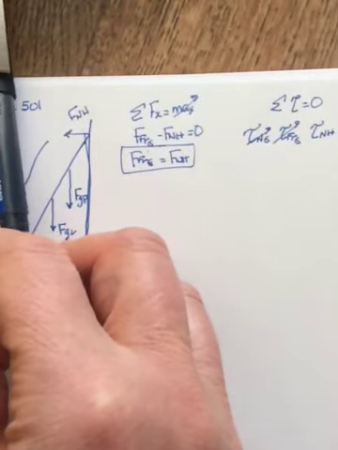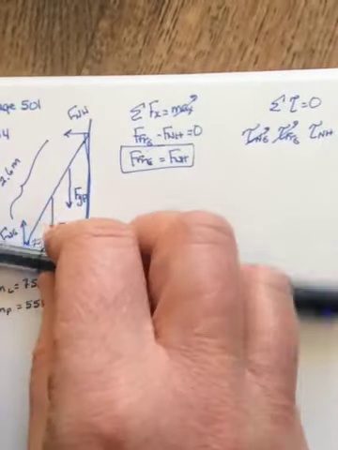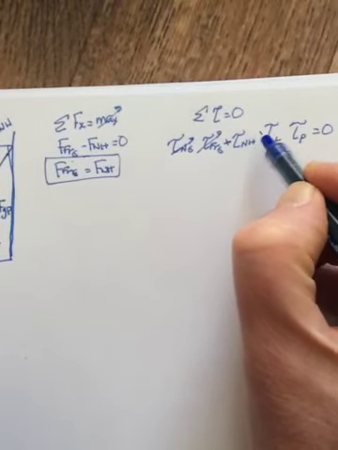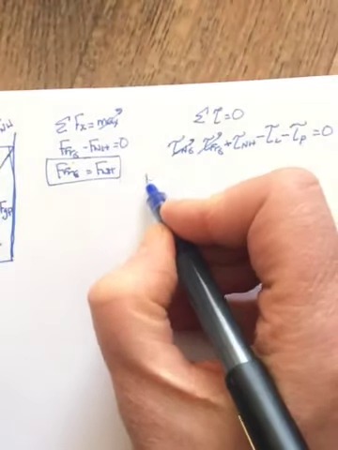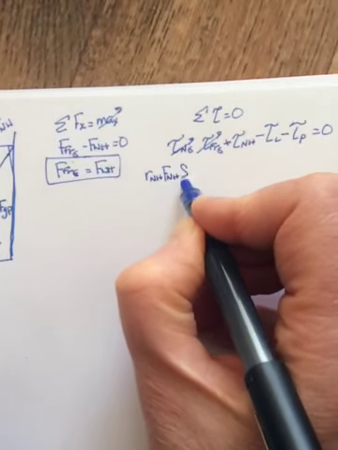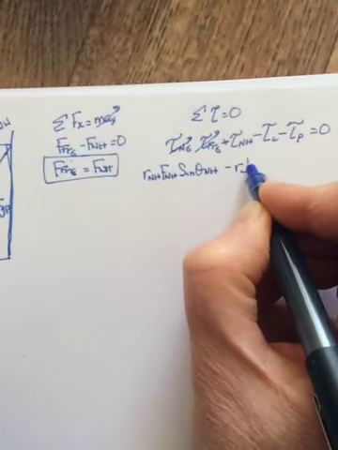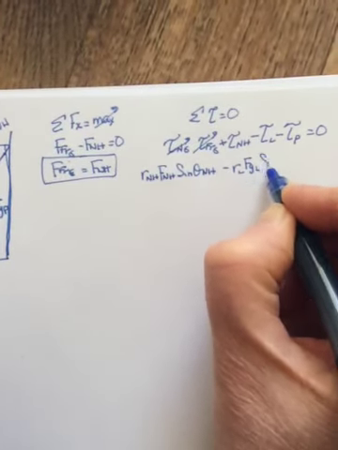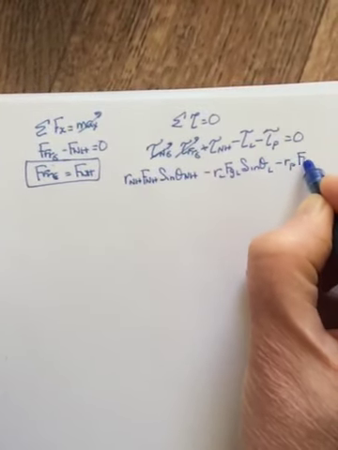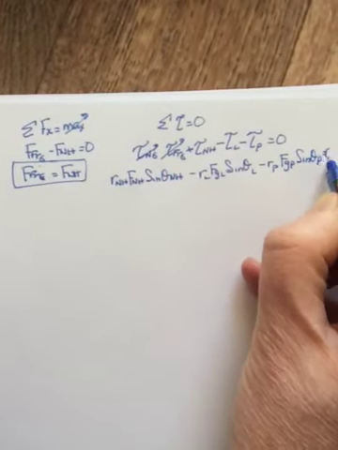Normal of the house is counterclockwise, which will be positive. Weight of the ladder and weight of the person are clockwise, so they'll both be negative torques. So positive, negative, negative: R normal of the house, F normal of the house, sine theta normal of the house, minus R of the ladder, FG of the ladder, sine theta of the ladder, minus R of the person, FG of the person, sine theta of the person, equals 0.